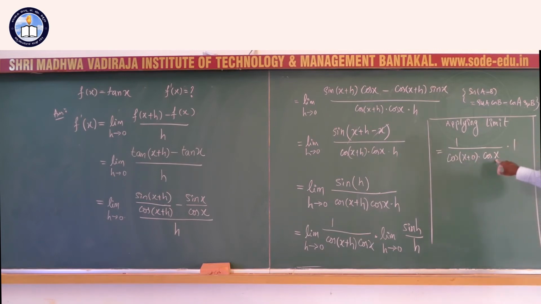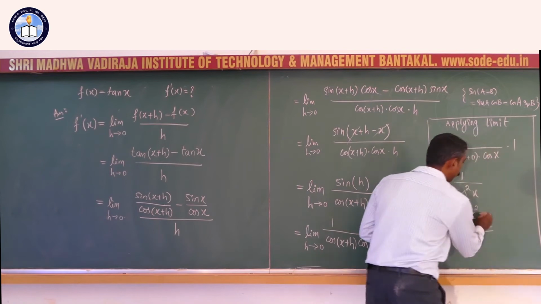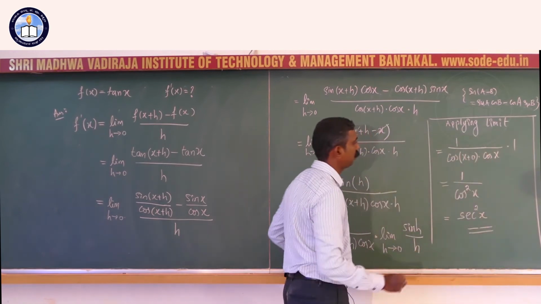Now you have cos x cos x. What is cos x cos x? 1 divided by cos square x. What is 1 by cos square x? It is secant square x. So what is the derivative of tan x? Derivative of tan x is secant square x.